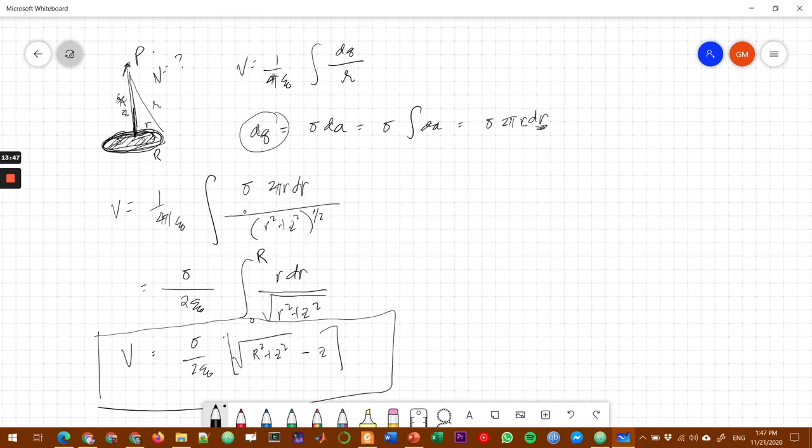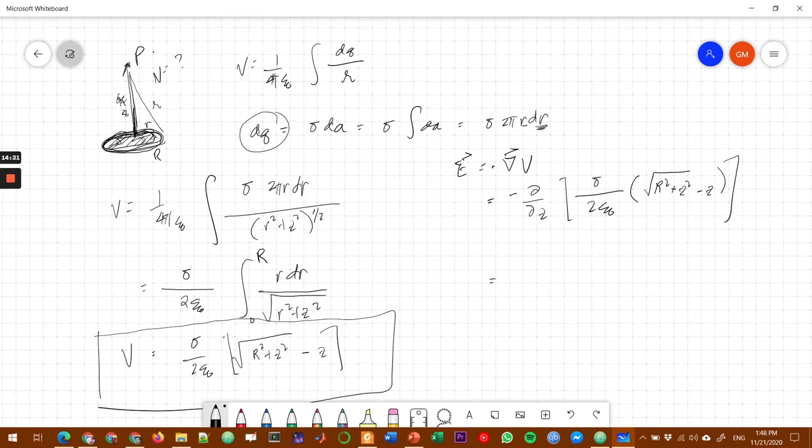We will not stop there once we get the potential, because we are asked to find the electric field. We can get the electric field immediately by invoking this formula, which is a derivative. So taking the derivative, we have negative d/dz, and we substitute the expression for the potential, sigma over 2 epsilon naught times the square root of r squared plus z squared minus z, right?